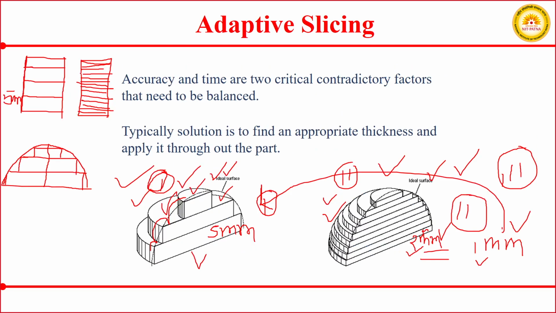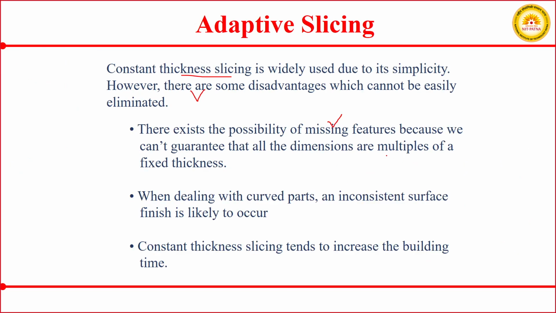Suppose some curve is here at this point, you may miss this particular feature because it is much smaller than the layer height. But if you decrease the layer height in the second case, you may capture this feature due to the reduction in layer height.